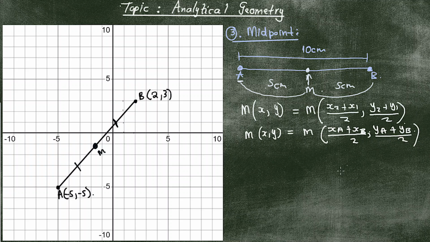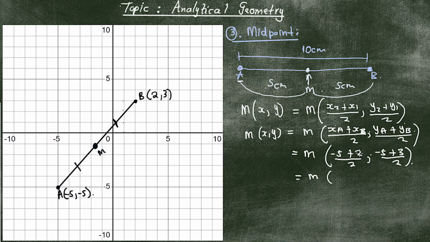I just like to organize my calculations. So my midpoint is going to be xA, which is -5, plus xB, which is 2, over 2, yA, which is -5, plus yB, which is 3, over 2, equal to M.